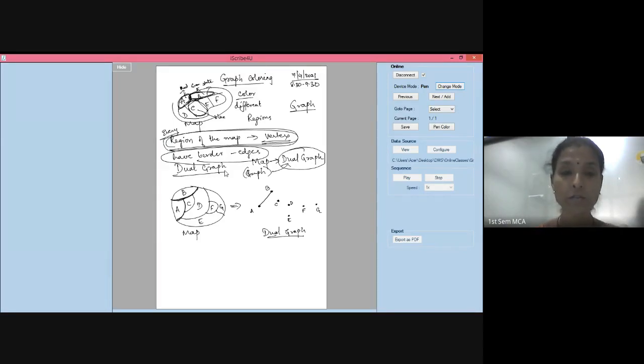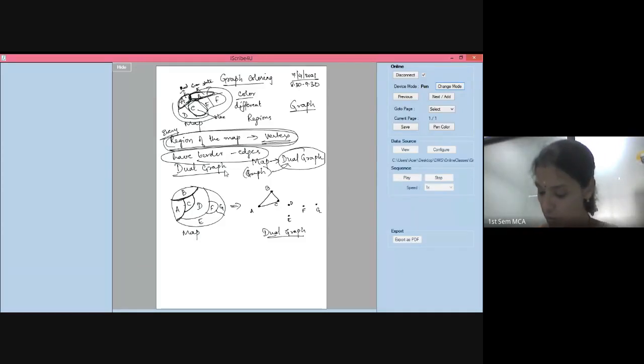Next, C is sharing border with B as well as with A, right? So I will draw an edge from B to C as well as from A to C.